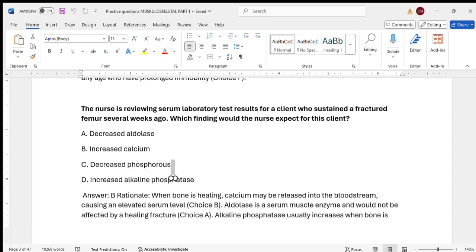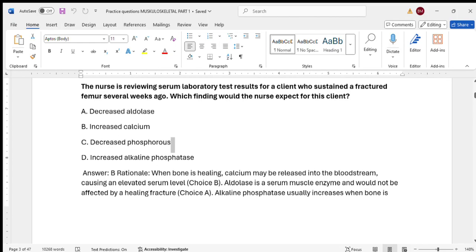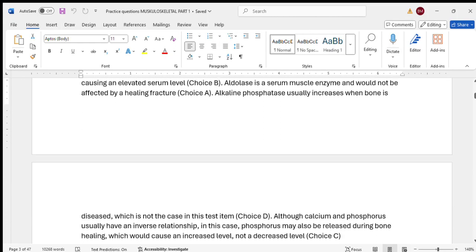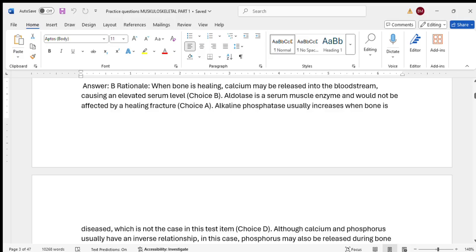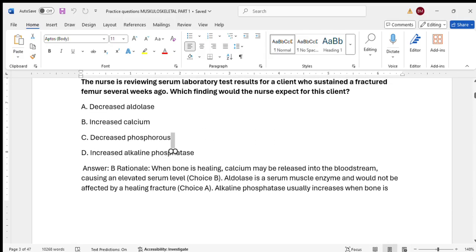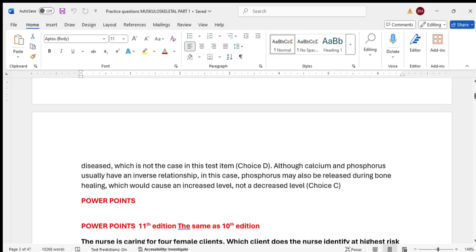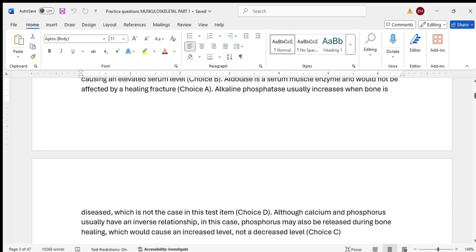Aldolase is specific to muscle, so it's not going to be affected by this fracture. Now, alkaline phosphatase usually increases when bone is diseased. That's important. It could be in bone cancer, which is not the case in this test because this is a fracture.